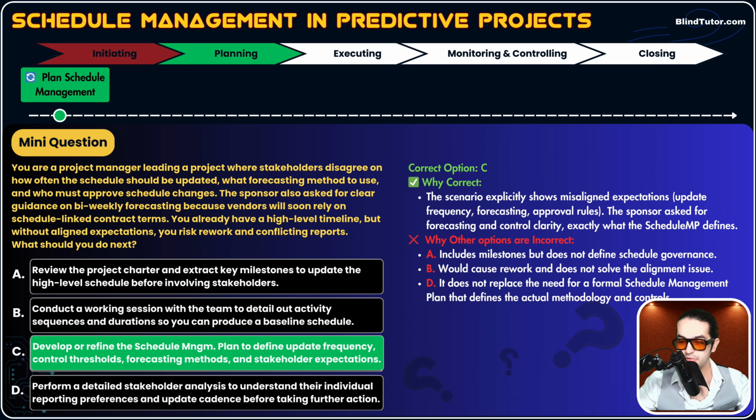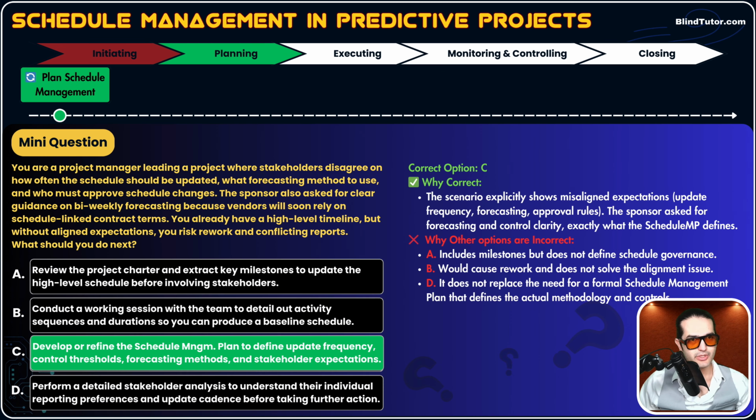Option D only talked about updating frequency. We need an option to cover all of those concerns. So option D does not replace the need for a formal schedule management plan that defines the actual methodology and controls. Awesome. This was a very, very good question.